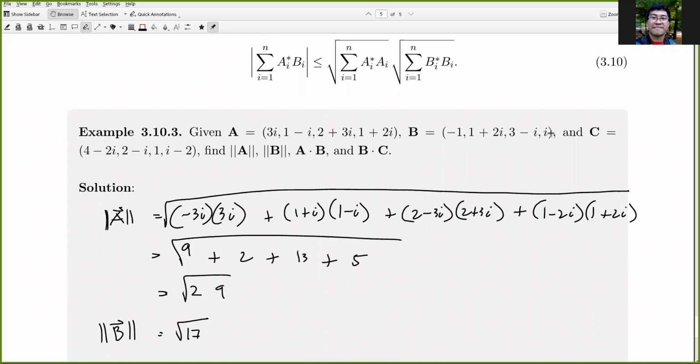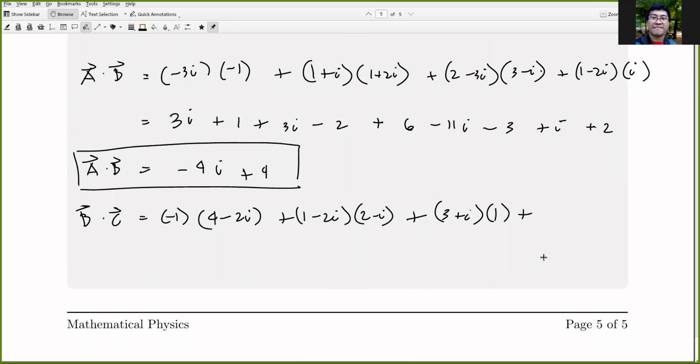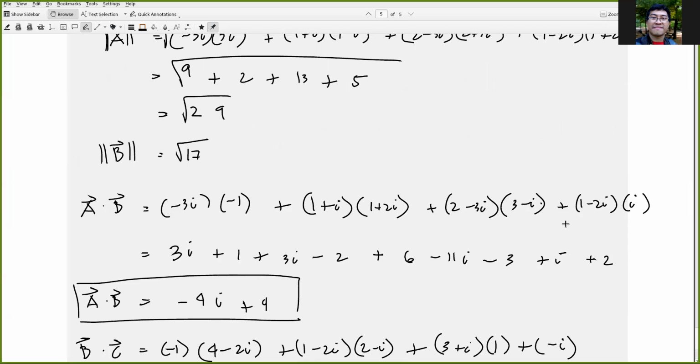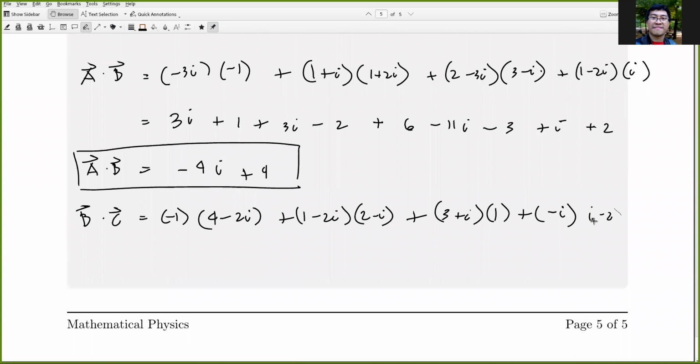And then here, negative, that's i here, complex conjugate, negative i, and finally i minus 2. Okay, so this is negative 4 plus 2i. 1 times 2, it's 2. 2i times 2, that's negative 4i. 1 times minus i, that's negative i. So this would be negative 5i.